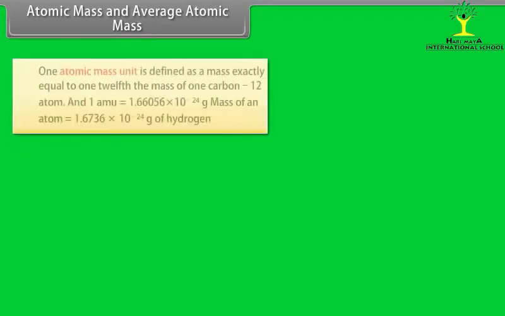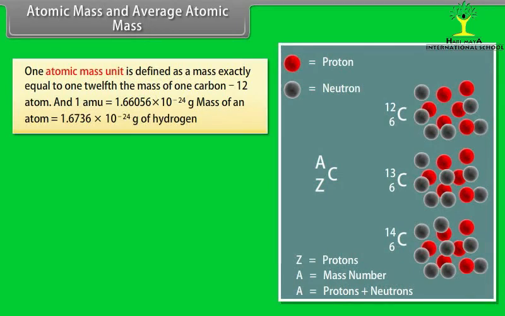Atomic mass and average atomic mass. One atomic mass unit is defined as a mass exactly equal to 1/12 the mass of one carbon-12 atom. And 1 AMU is equal to 1.66056 × 10^-24 gram. The mass of an atom of hydrogen is equal to 1.6736 × 10^-24 gram.